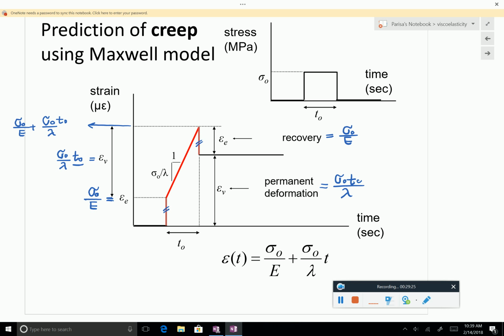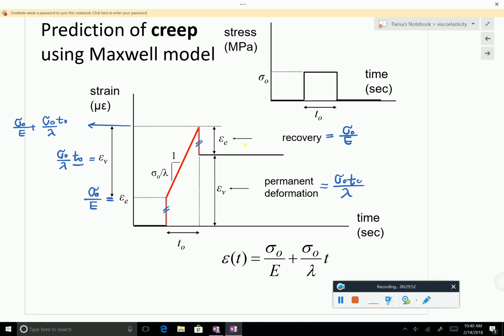That means this slope becomes steeper. And it also makes sense because you have more deformation. If I increase the temperature, the elastic deformation E also changes a little bit, but compared to that it's negligible for now. It wouldn't change much here.